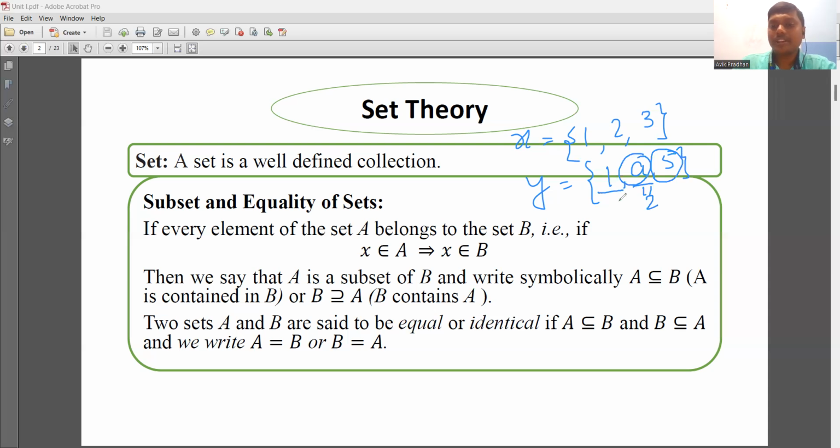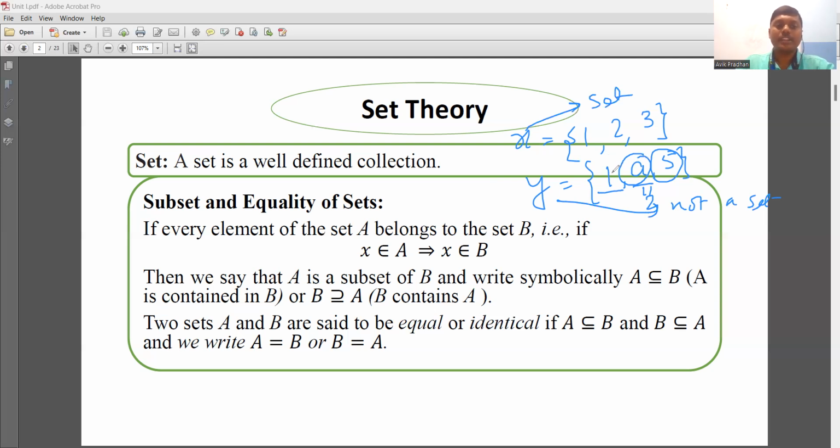So in this collection, I have 2 numbers, 1 and 5, whereas there is some ambiguity about this A. We do not know what kind of thing A represents. It could be a symbol, a letter, anything. Some kind of ambiguity or vagueness is there in the definition of A. So all the elements of this collection are not well defined. So Y is not a set, whereas X is a set.